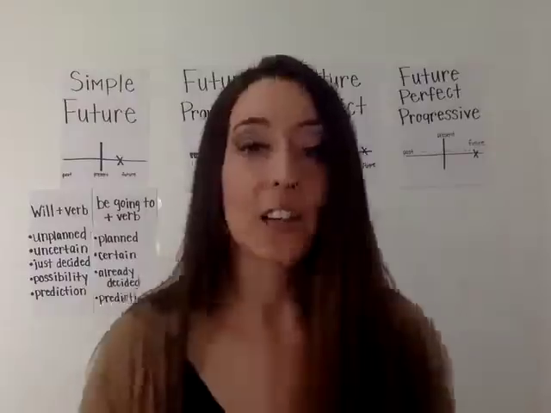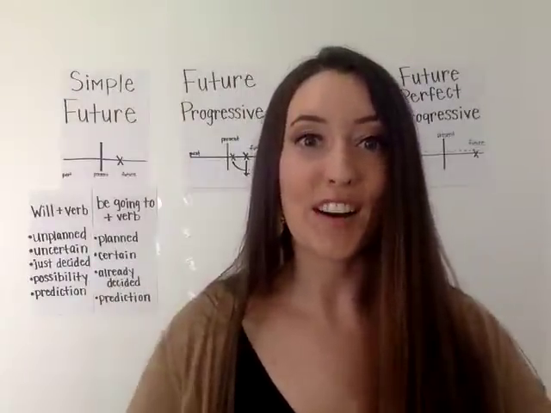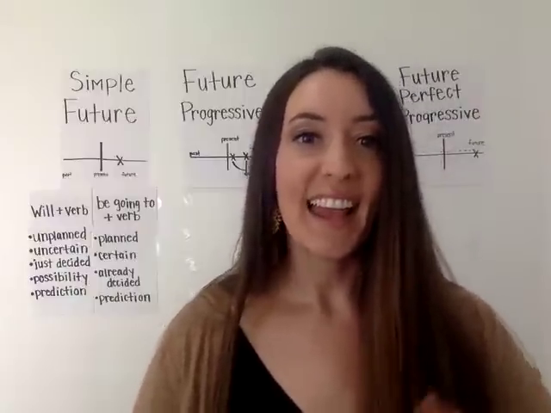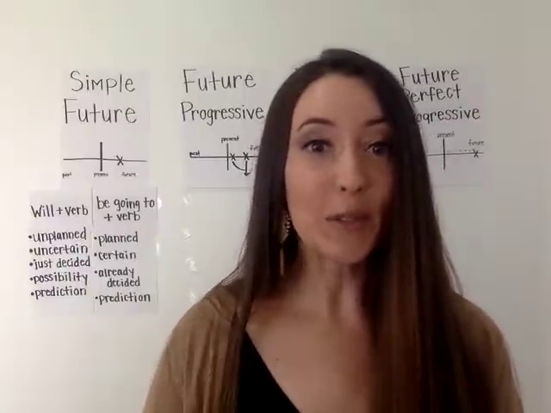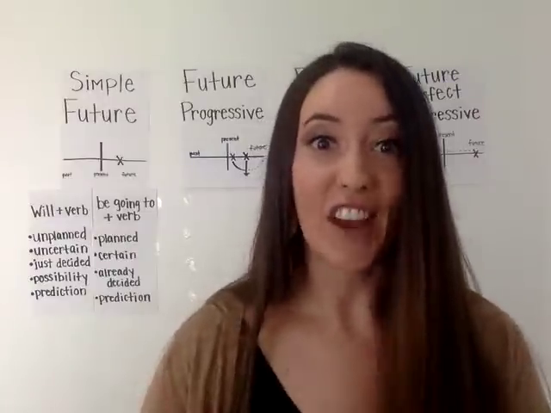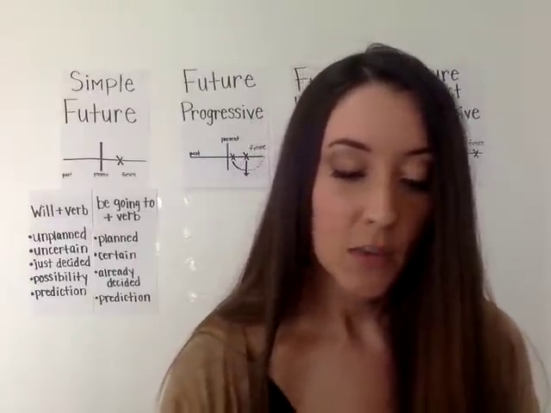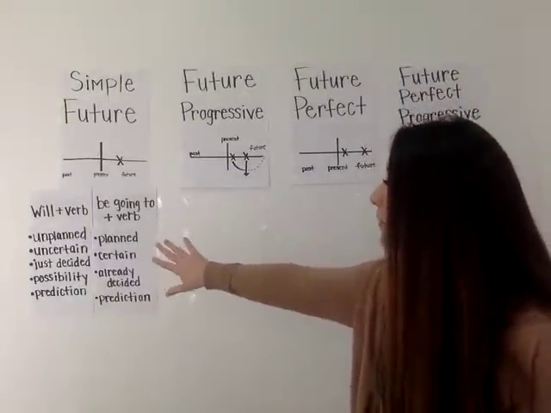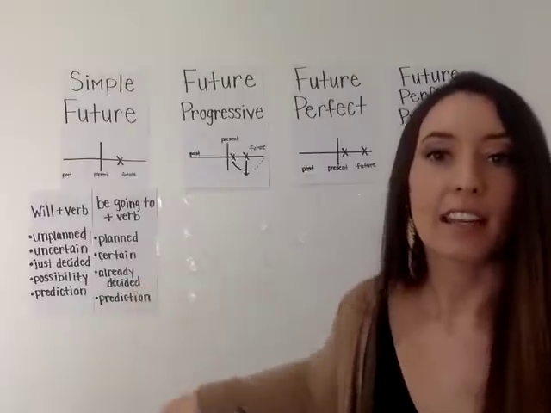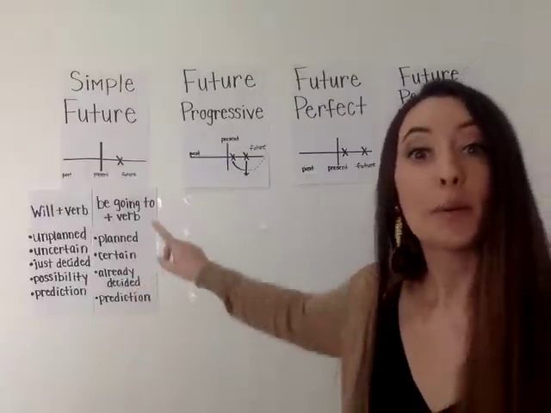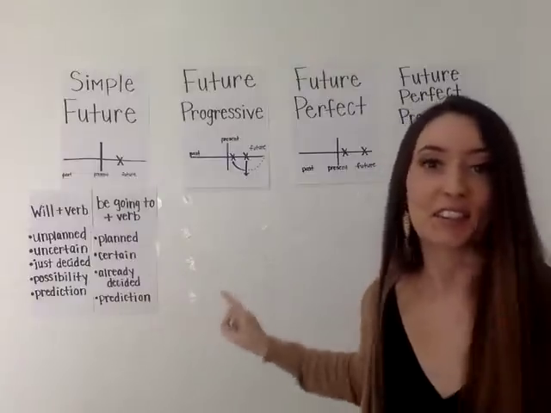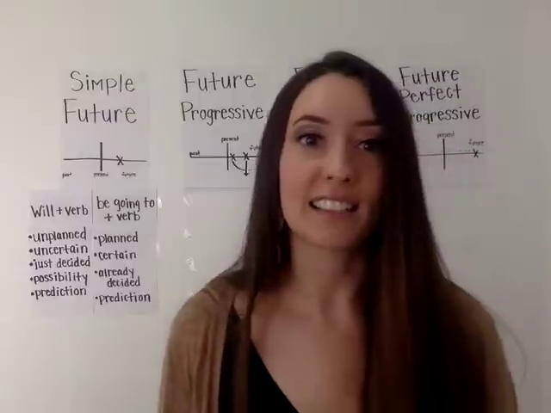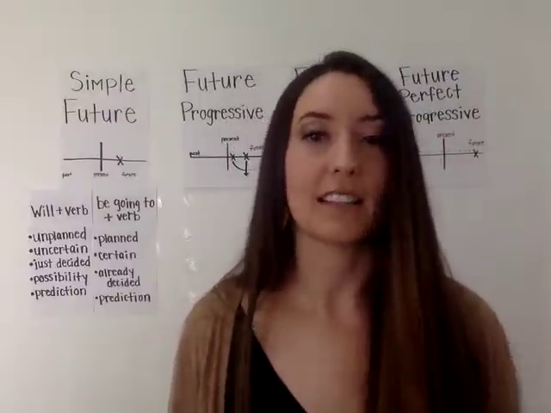So let's take a look at a few examples. Now, as I said before, get your keyboards ready because I'm going to be asking some questions and giving some examples, and I want you to guess the answer in the chat, okay? So I'm going to give you a sentence, and based on our charts, will, unplanned, uncertain, just decided, possibility, prediction, or be going to, planned, certain, already decided, prediction, I'd like you to guess which one belongs in the sentence or which one sounds better in the sentence.